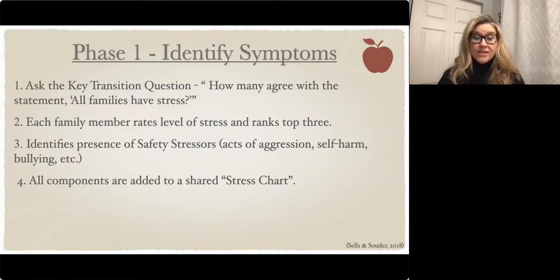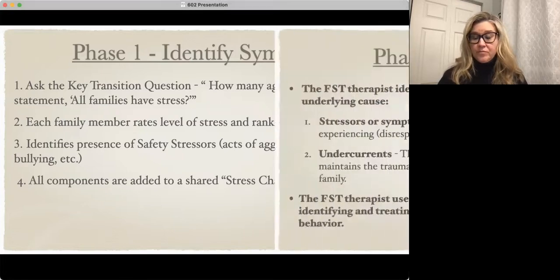Of course, everyone raises their hand in the room and instantly everyone feels like they're on a team together. Each family member then rates their level of stress and what their top 3 stressors are. In addition to identifying any possible safety stressors, such as acts of aggression, self-harm, bullying, they create a stress chart that everyone can see and everyone contributes to.